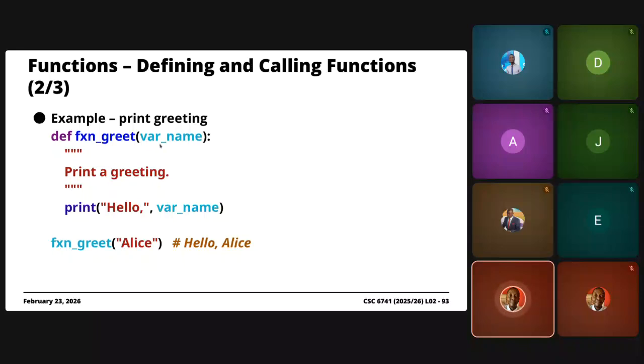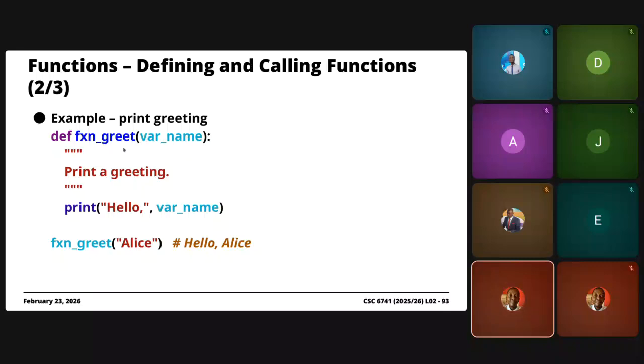The name of the parameter is var_name, colon, we have a docstring, and then what we are doing here is we want this function to just print the word hello, comma, followed by the name of whatever is passed into the function.